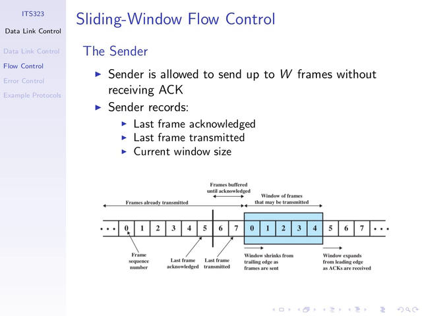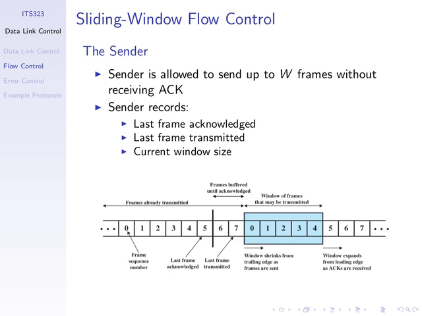In this example, at this point in time, we have sent 2 frames, frame number 6 and frame number 7. We haven't received the ACK yet. We're allowed to have a maximum of 7 outstanding. We've got 2 outstanding, so the window indicates that we're allowed to have another 5 to be transmitted, if we want. If we have data to transmit, I could transmit frame 0, frame 1, 2, 3 and 4.